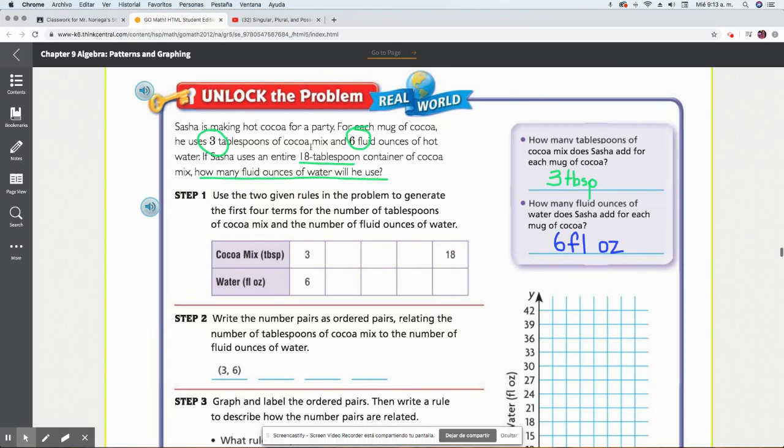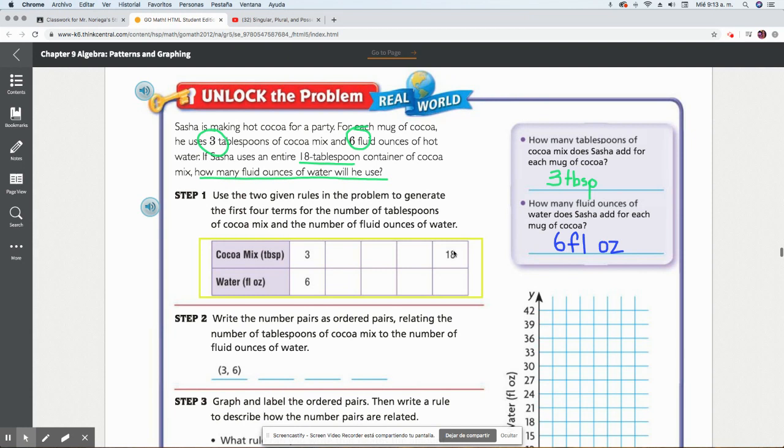So let's go ahead and read the problem again. If Sasha uses an entire 18 tablespoon container of cocoa, how many fluid ounces of water will he use? So that number 18 is already here. That's the last number, because the cocoa mix has 18 tablespoons in it.